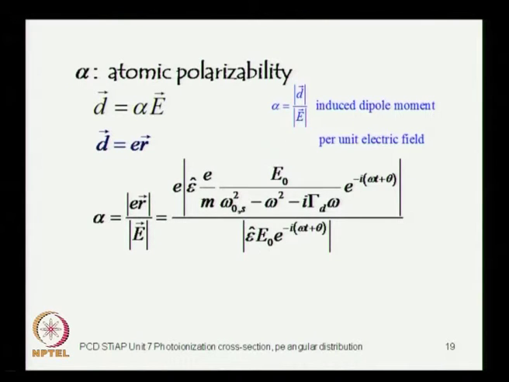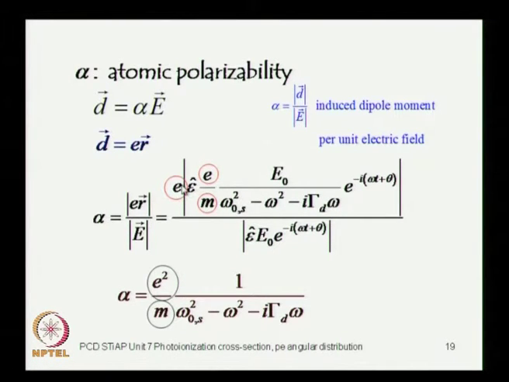So, the solution for r we already have with us. So, we plug in this solution for r multiplied by this charge e and divided by the electric intensity. So, this gives us the atomic polarizability.